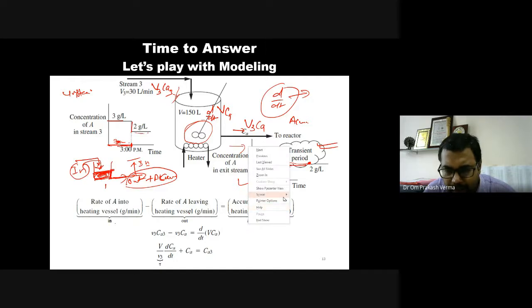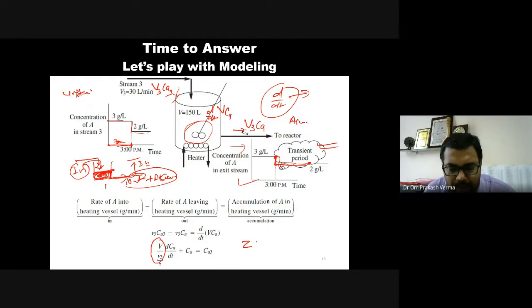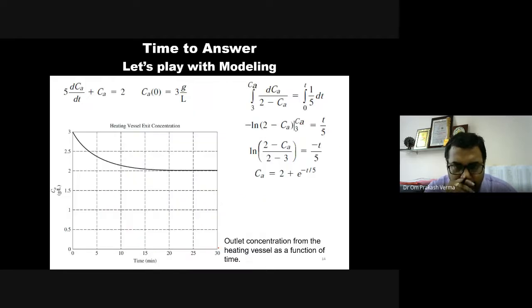Anyone can tell what is the model equation of that? Yes, this is the tau. What is the transfer function for this? Tau s plus 1 upon k. Yes or no? So this is nothing but the first order transfer function. This represents tau. V upon V3 represents the tau, and d by dt of Ca plus Ca3 is the first order differential equation.